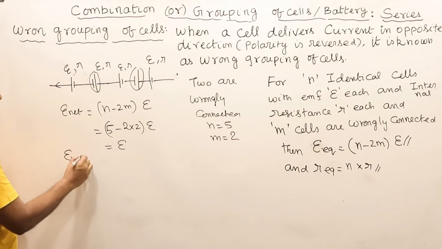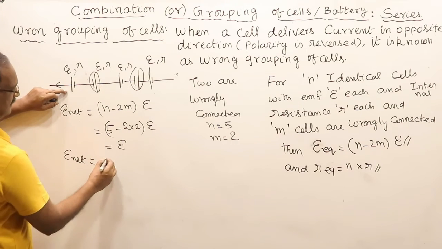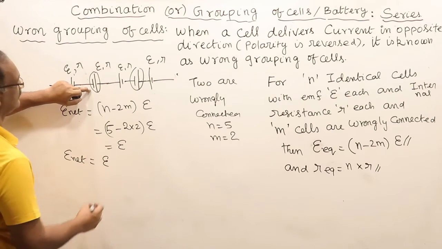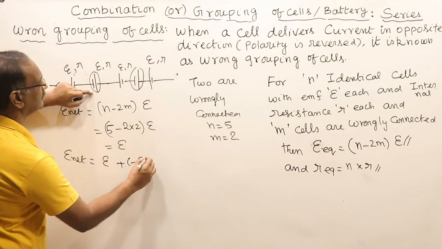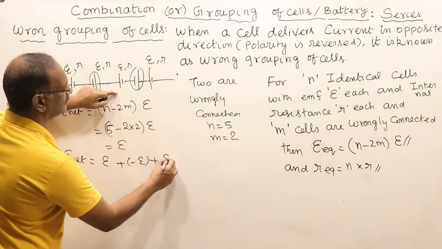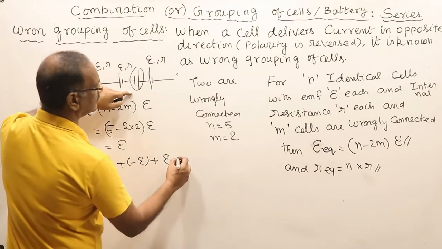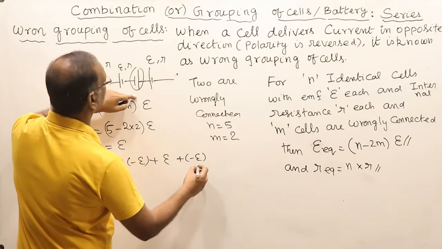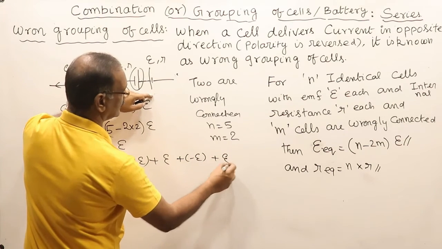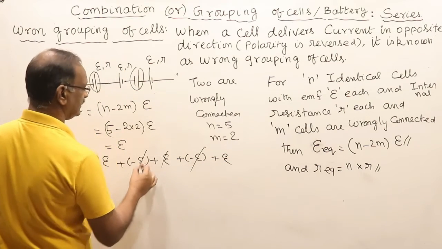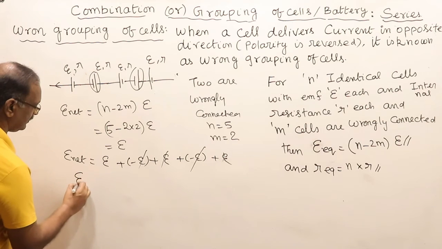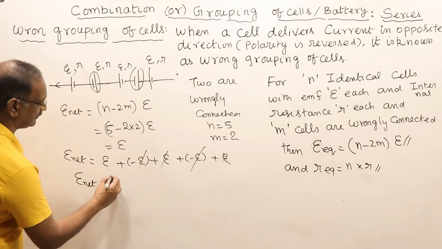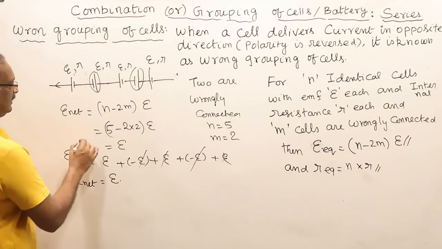So what is E net? This is the EMF of this battery, this is reversed, minus E, and this is same, and this is reversed, and this is same. This and this cancel, this and this cancel, and epsilon net is equal to E. So it matches.